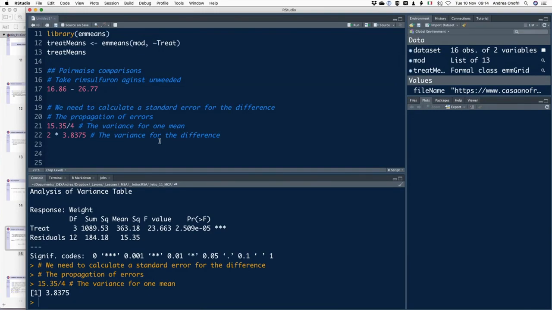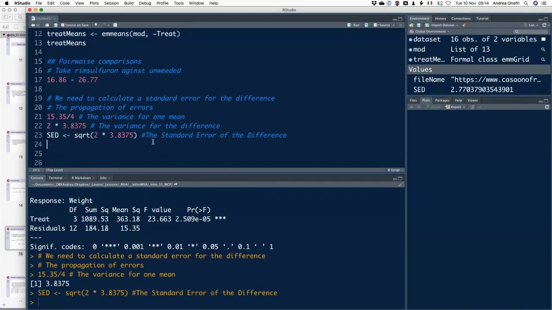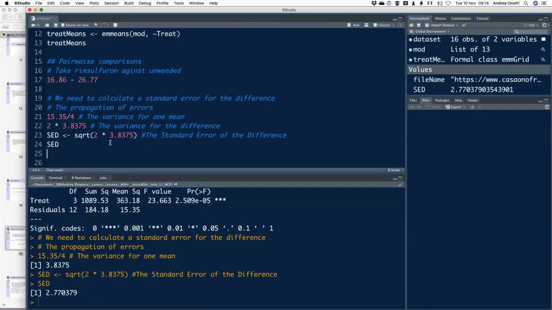Now, the standard error for the difference, the SED, is equal to the square root of this variance. So this is the standard error of the difference. And that's it. SED 2.77.